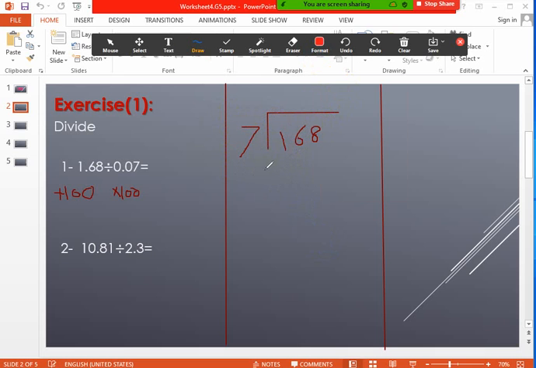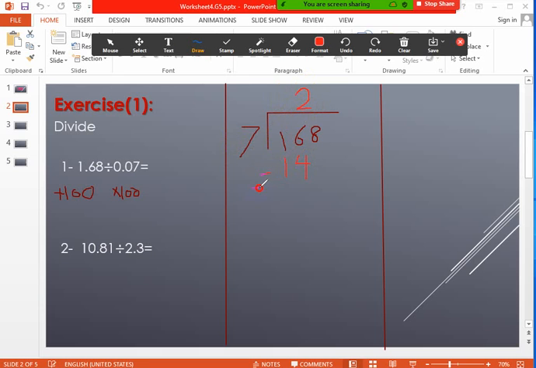Think about 2. 2 multiplied by 7 equals what? 14, very good. So it will be close to 16.